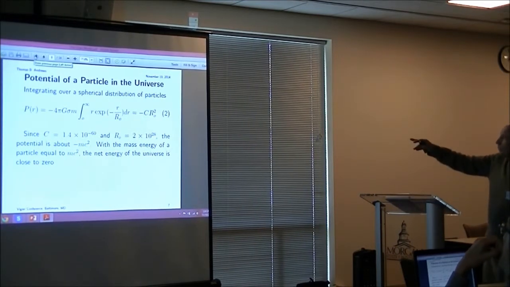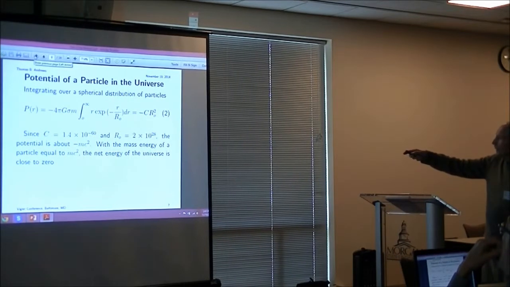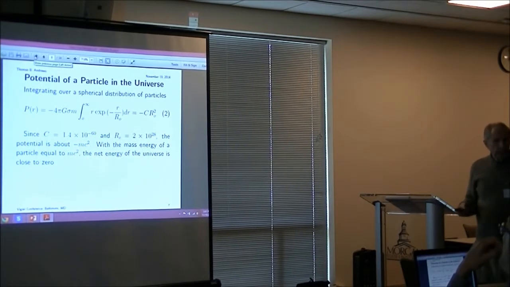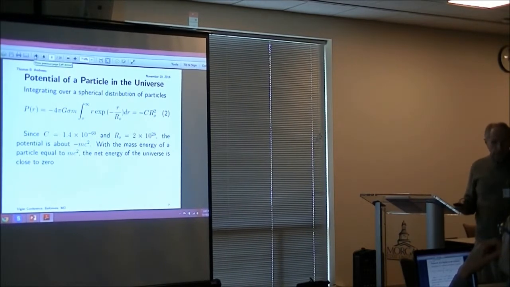This gives you minus C R0 squared, and if you use the C and R0 values in there, this comes out very close to minus mc squared. So in effect, it's showing that the energy in the universe is 0.